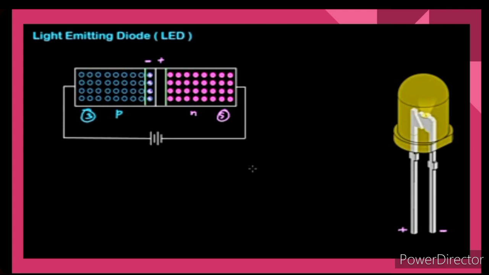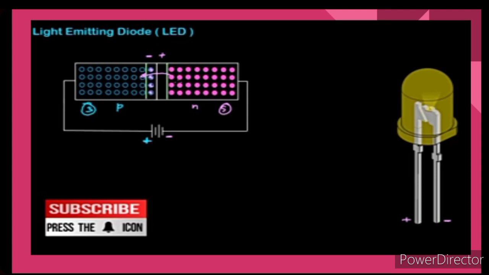To create an LED, the N-type material should be connected to the negative terminal of the battery and the P-type material should be connected to the positive terminal of the battery. In other words, the N-type material should be negatively charged and the P-type material should be positively charged.